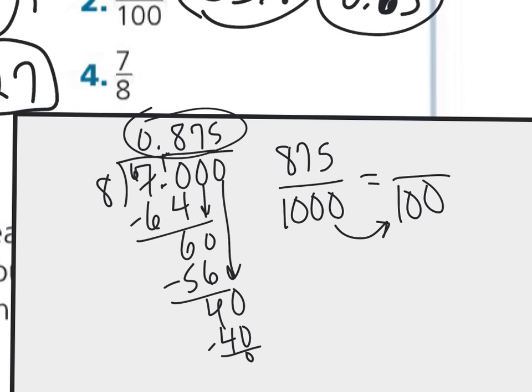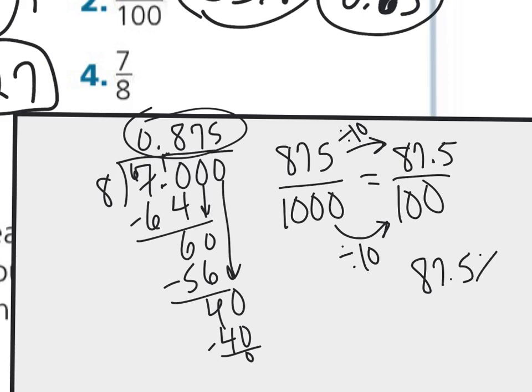So 1,000 divided by 10 would get you to 100. And again, if you're not sure how to do that, if you take 1,000 divided by 100, you'll get 10. It's those fact families with multiplication and division. And then 875 divided by 10 is 87.5. So that's 87.5 out of 100. And so that means 87.5%.